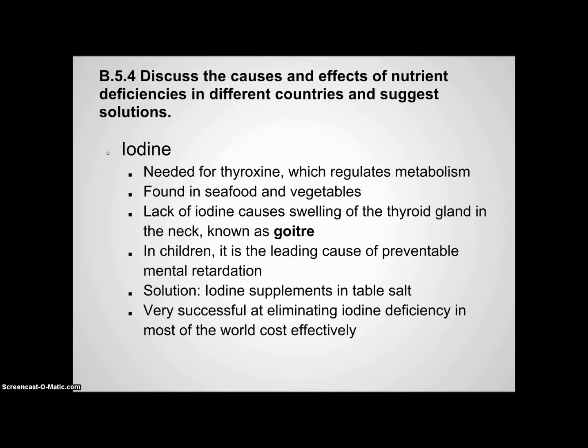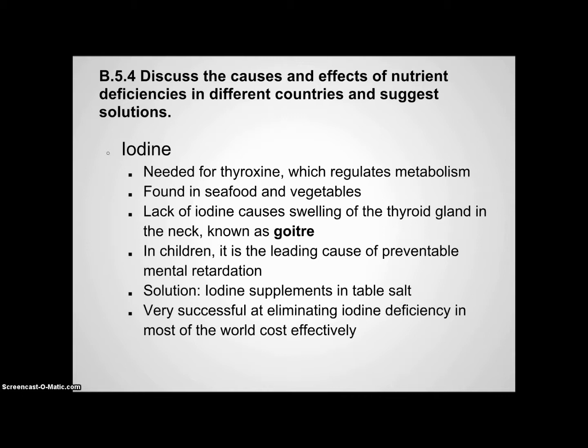Another very common deficiency, especially in the third world in Asia, is iodine, which is needed for thyroxine from the thyroid gland, which regulates the body's metabolism. And it's commonly found in seafood and green leafy vegetables. And often when there is a deficiency of iodine, it results in swelling of the neck, causing goiter.